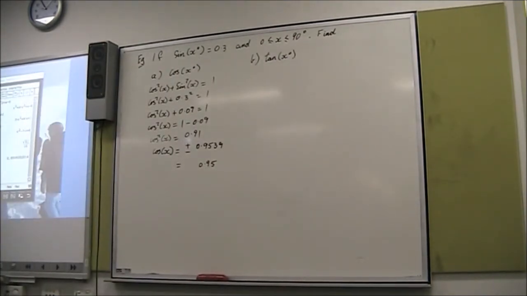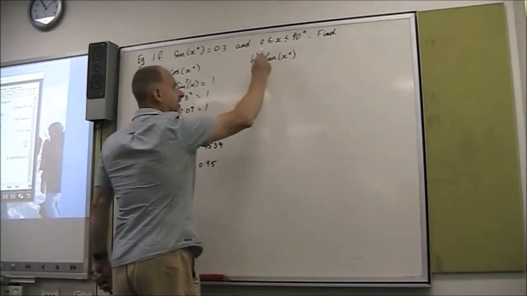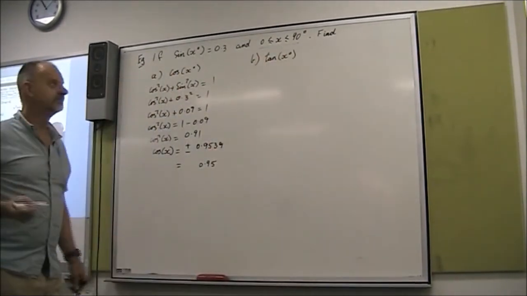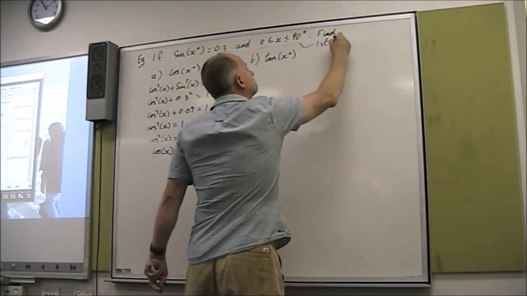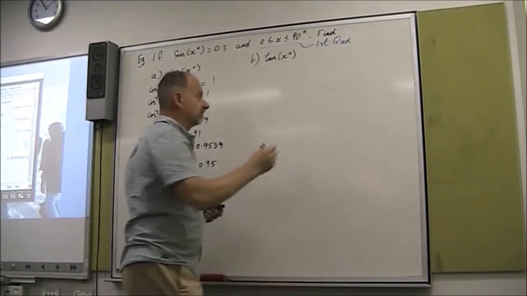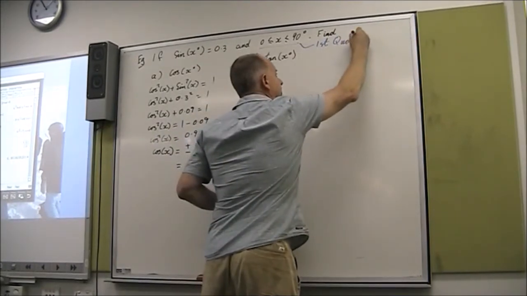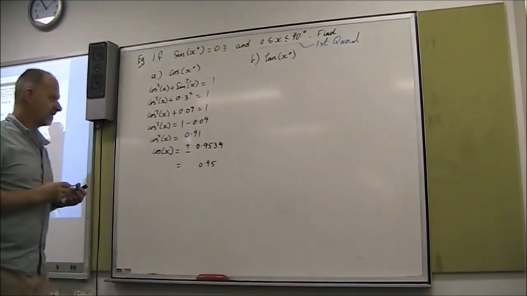Now, do I need the plus and the minus, or do I need just one of them? All right, which one do I need and why? Because it's in the first quadrant, our angle.